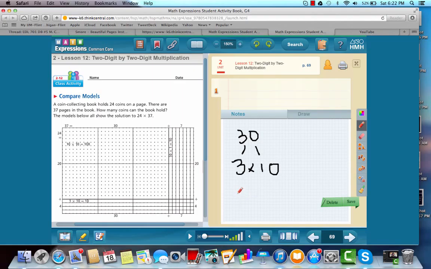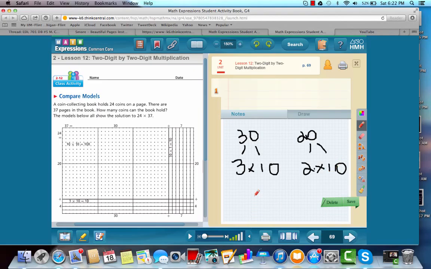And if you were to break down 20, it would be the same thing, which would mean 2 tens, or 2 times 10.